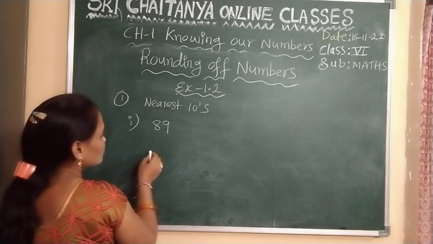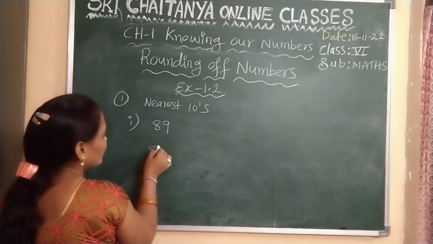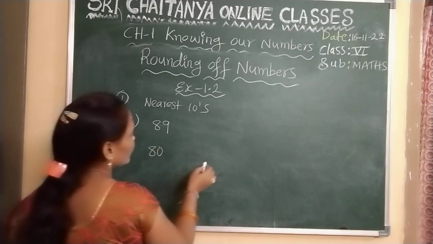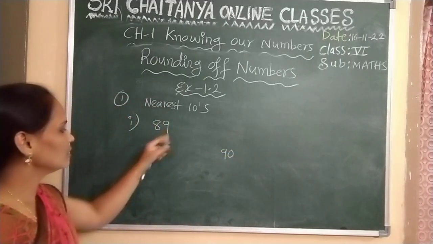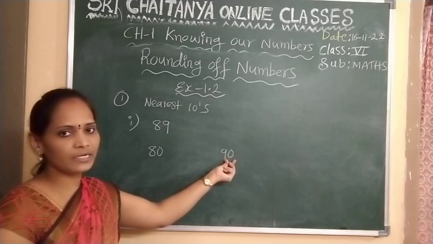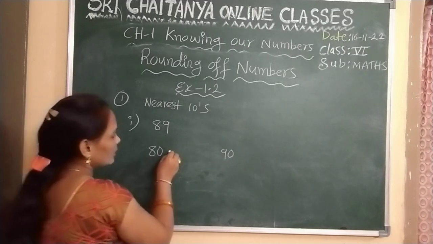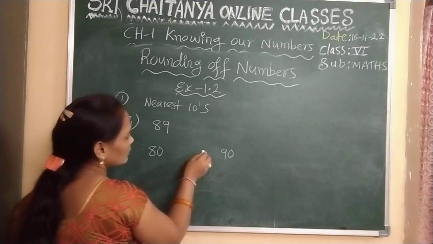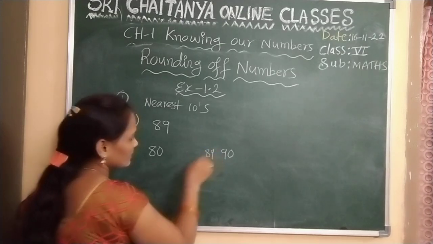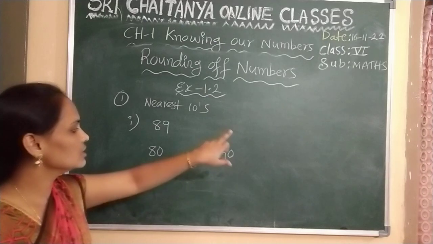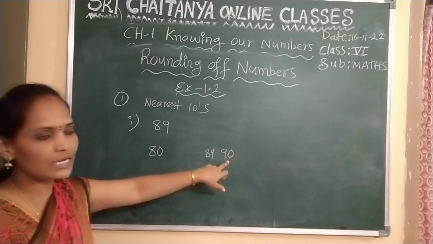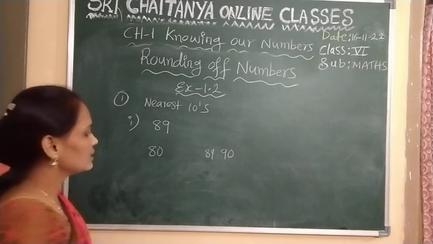First you should think about this. 89 lies between 80 and 90. Here 81, 82, 83 up to 89, somewhere it will be. Right? So 89 is just near to 90.